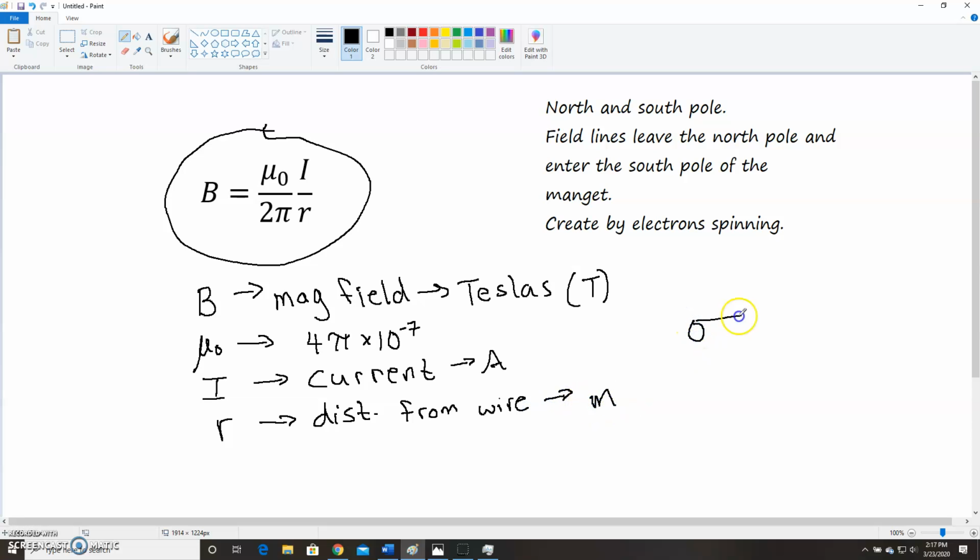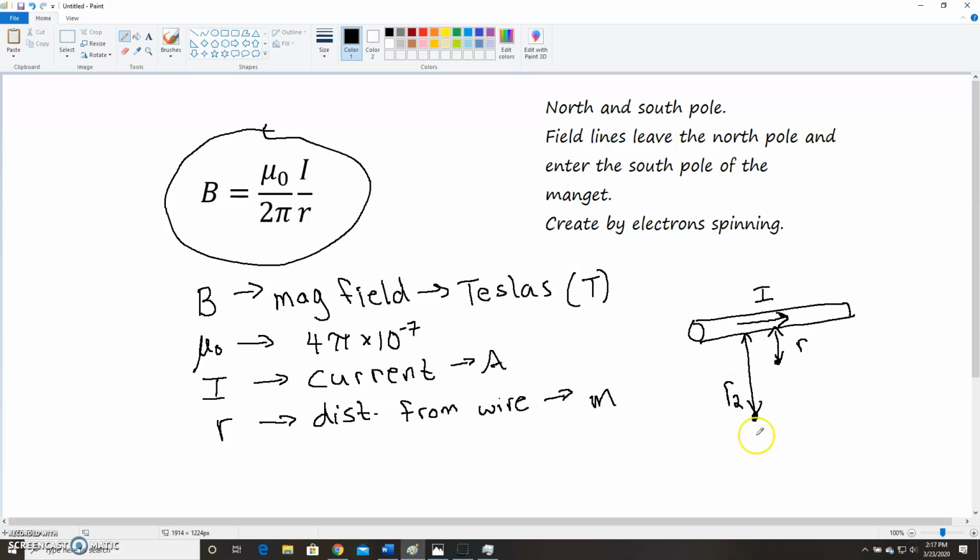So for example, if I have a wire carrying current, say this way, and I want to know what's the field strength here, this would be my R value. I is however strong the current is, and mu naught is a fundamental constant. 2 pi is also a constant. So in this particular case, you would see if you increase the value of R, that is going to weaken the strength of the magnetic field.